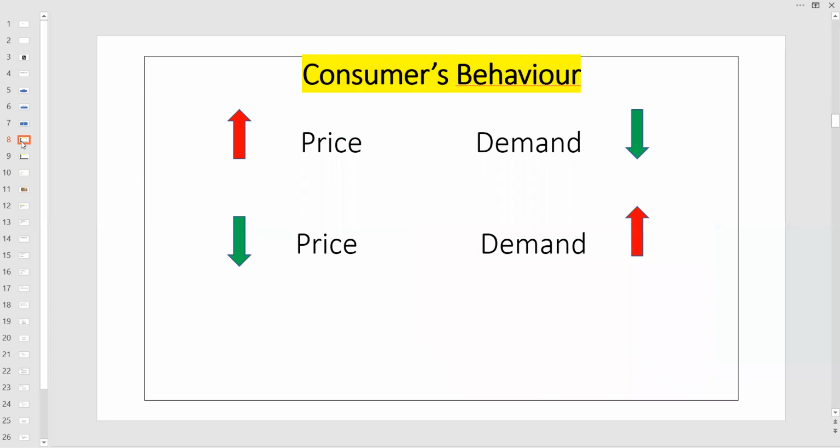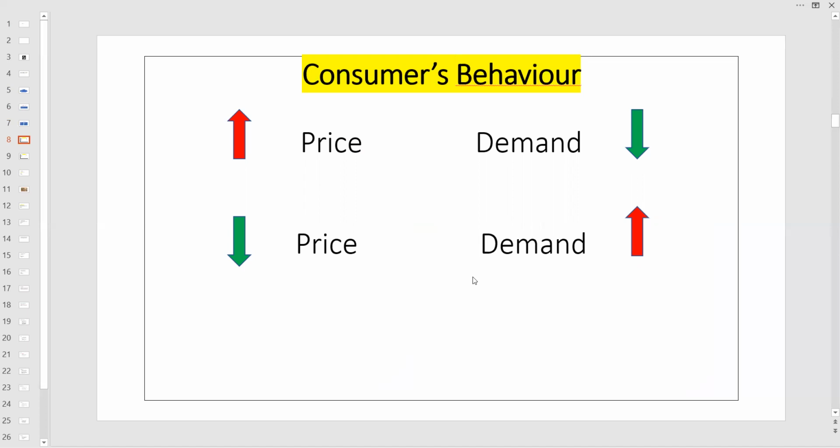Now let us focus on consumers' behavior. We observe that when the price rises, at higher prices, we demand less or we purchase fewer commodities. And when the price decreases, we purchase more commodities.